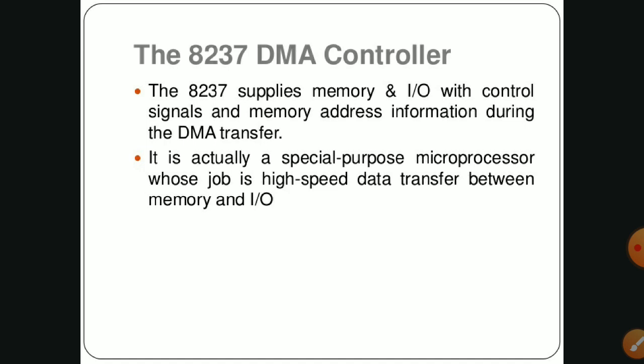We may consider this DMA controller as a special purpose microprocessor, because it is doing some type of process where the data is transferring from an IO device to memory or from memory to an IO device. And the data transfer is also very fast. The fastest way of transferring is possible by using this DMA controller.